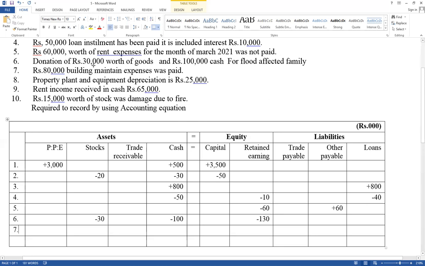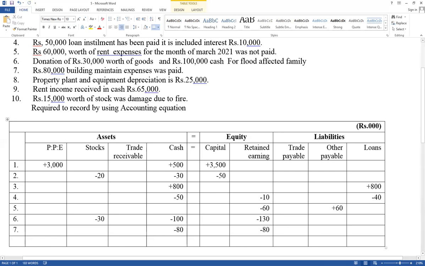Therefore, it affects cash decrease, 80,000 paid in cash. As well as building maintenance is an expense. Therefore, the expense effect should be recorded in the retained earnings column. If it has not been paid, other payable increases. If it has been paid in cash, cash decreases. Think about what expense is paid as well as expense not paid.